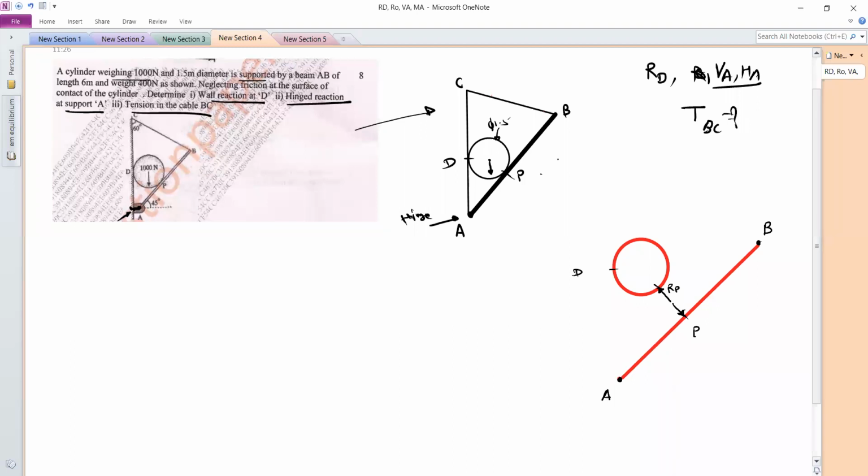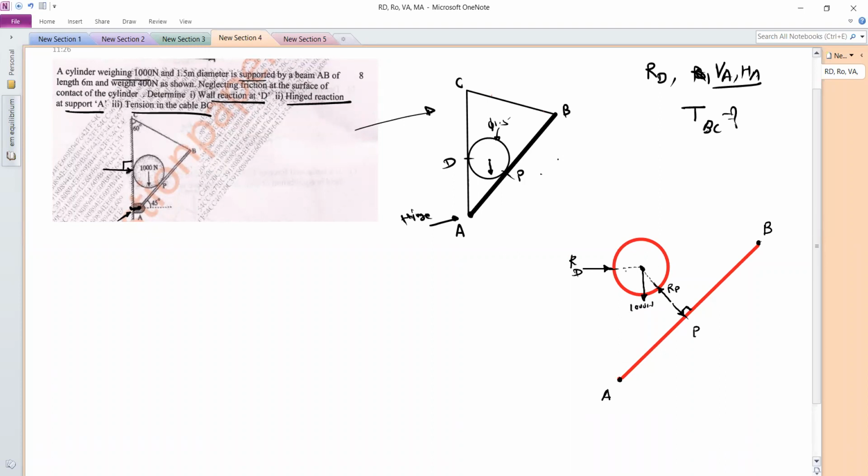Now this reaction RP on the beam AB is perpendicular, exactly 90 degree. And this reaction RP for the sphere or cylinder will pass through the center point. Similarly, reaction RD will be exactly horizontal, because that reaction is perpendicular to the wall. It will also pass through the center point. And the weight will act in the downward direction, 1000 Newton.